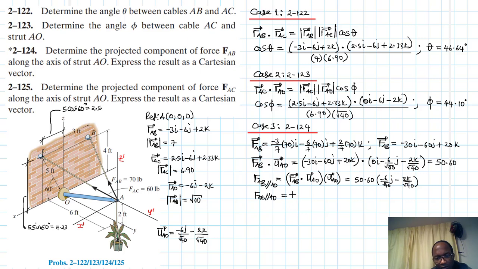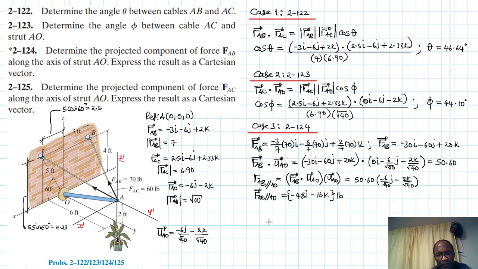So this just becomes a minus 48i, and then we have 50.6 by 2 divided by root of 40. This again becomes a minus 16j. This is j, not I. This one is a k, and this is all. What units are these? This is pounds. So we will express this as a force vector.